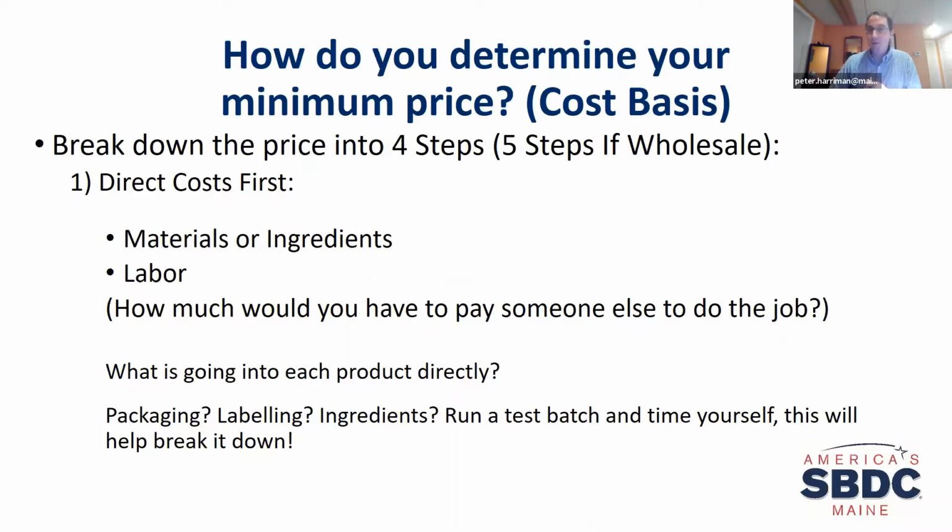Now, some people like that level of detail. Other people might use just a percentage. What I mean by percentage is they will figure out, okay, my food cost should be 20% of whatever I end up charging. So this is mostly for people with food-based businesses.